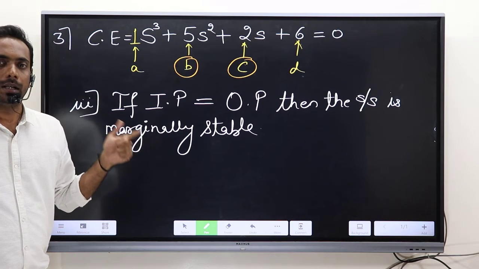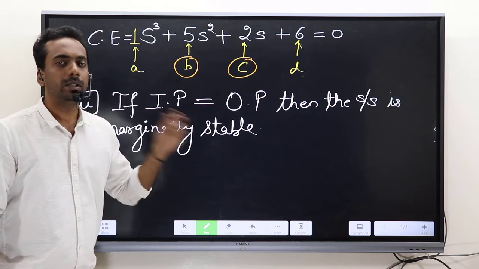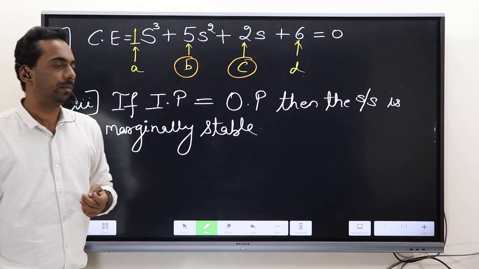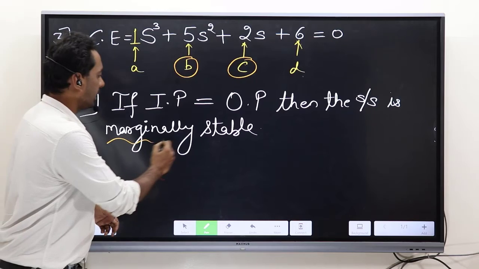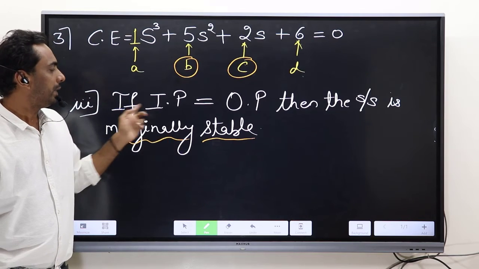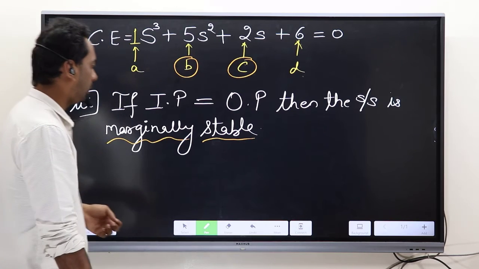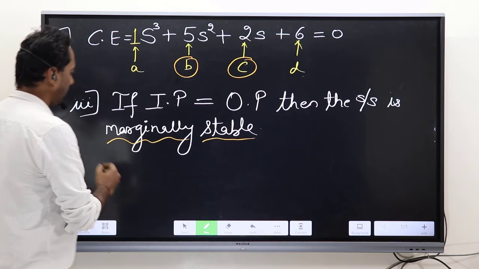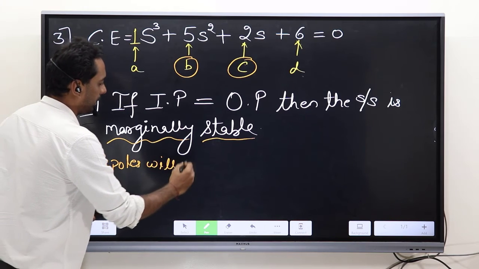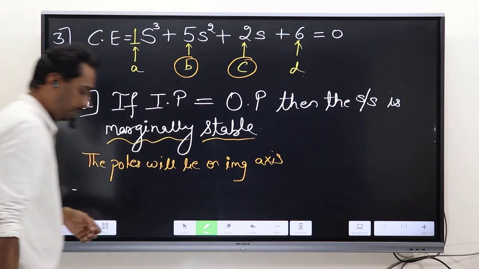Stable, unstable and marginally stable systems. In the definition of marginally stable, I said if non-repeating poles lie on the imaginary axis, then the system is marginally stable. So here too, if the system is marginally stable, where will its poles be? We need information about the poles too, right? So if the inner product is equal to the outer product, the system is said to be marginally stable, and write down: the poles will lie on the imaginary axis.